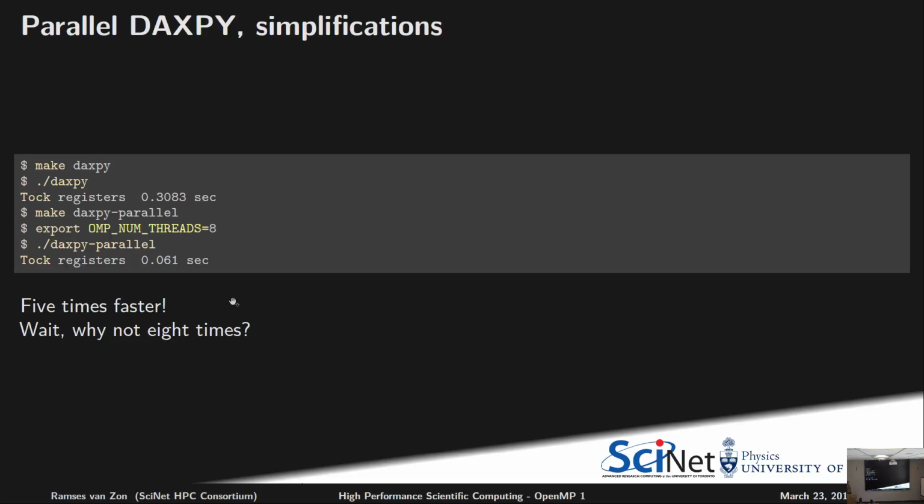So this was a very simple case. Everything was independent. It was a loop. We put our own pragmas in there, and it didn't give us an 8 times speedup. And it's something you should get used to. Whenever you parallelize a program, how it scales isn't necessarily exactly what you think is going to happen.